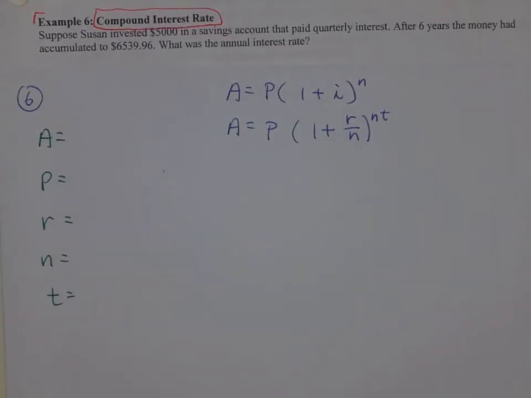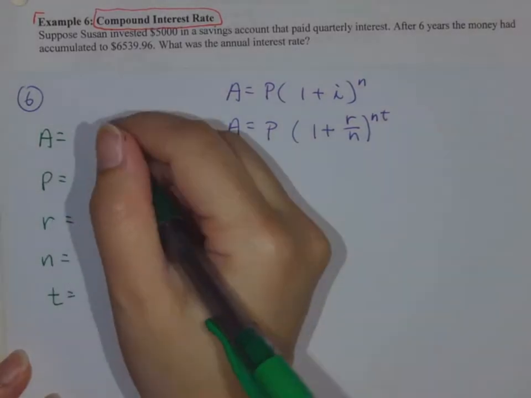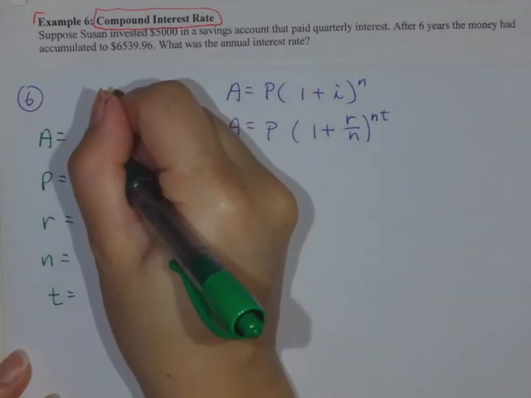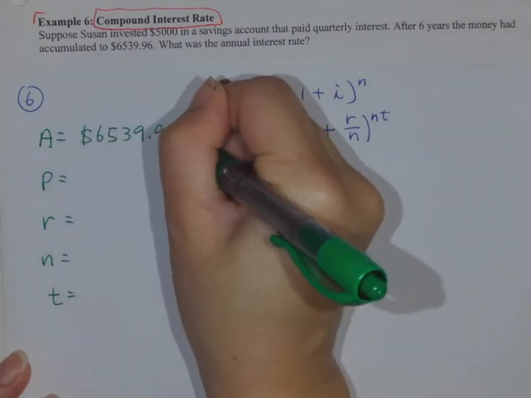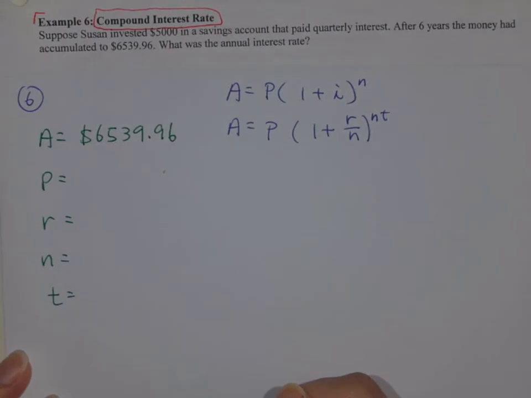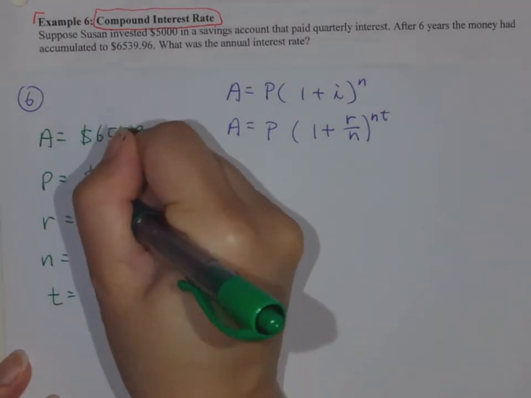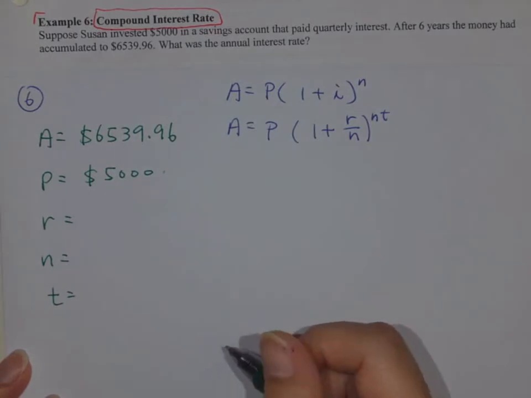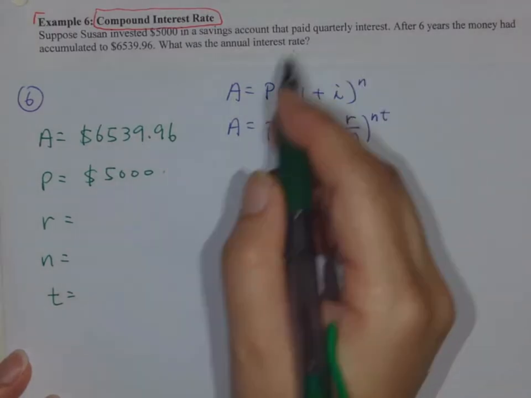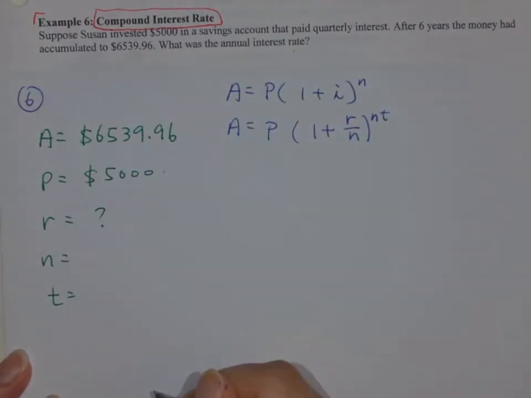For A, the amount after t years, it is $6,539.96, and the principal you put in was $5,000. And the r, the interest rate, is something we need to find, right? So we don't know that yet.